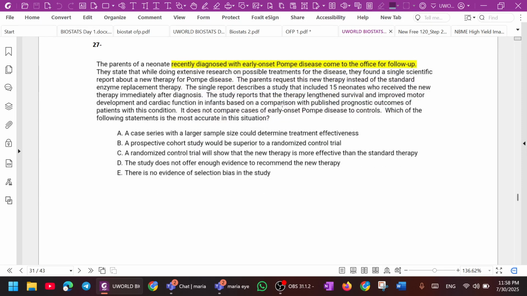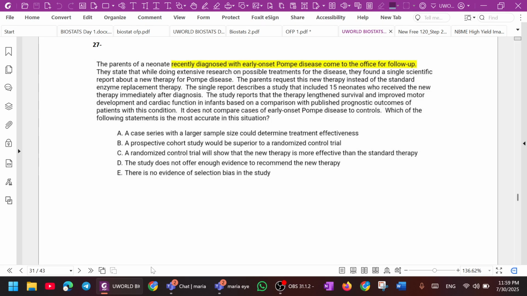The parents of a neonate recently diagnosed with early onset Pompe disease come to the office for follow-up. They state that while doing extensive research on possible treatment for the disease, they found a single scientific report about a new therapy of Pompe disease.